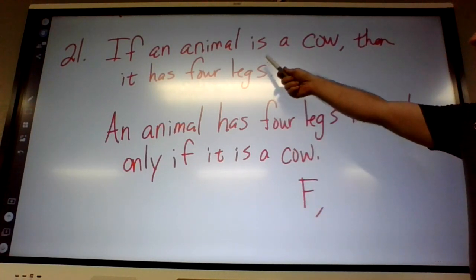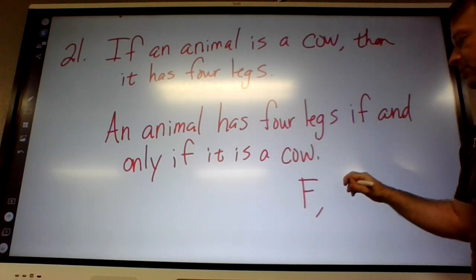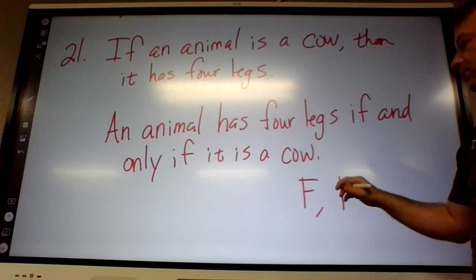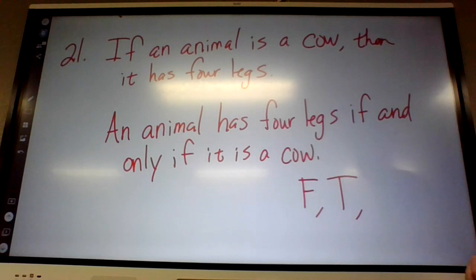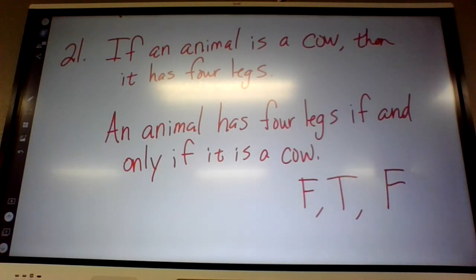So the second statement, the converse, if an animal is a cow, then it has 4 legs. Technically that one is true. So the final biconditional, an animal has 4 legs if and only if it's a cow. So do they always go together? No. If one of them is false, the biconditional's not going to be true.